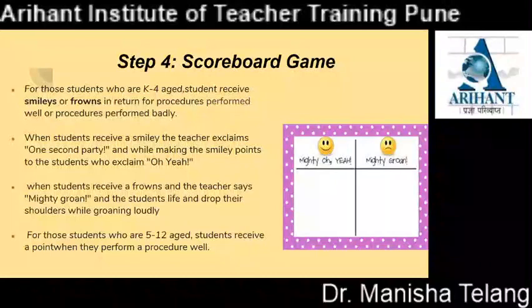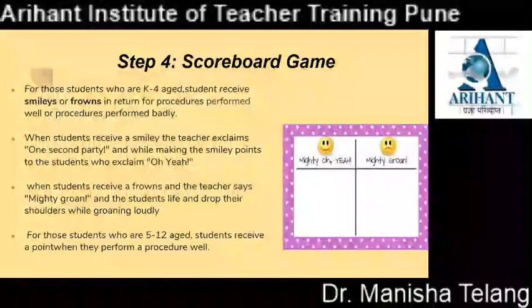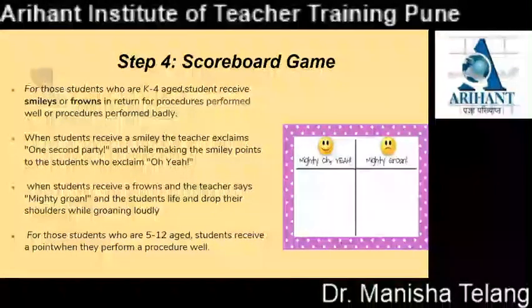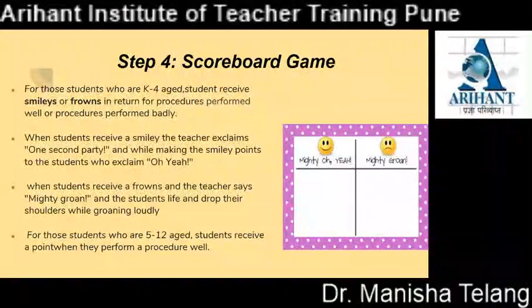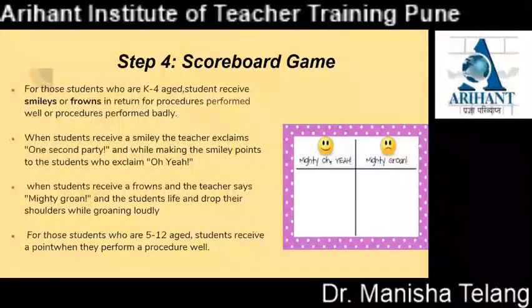When students receive a smiley, the teacher exclaims "1 second party," and while making the smiley points to the students, who exclaim, "Oh yay." When students receive applause, the teacher says "mighty groan," and the students slump and drop their shoulders while groaning loudly.